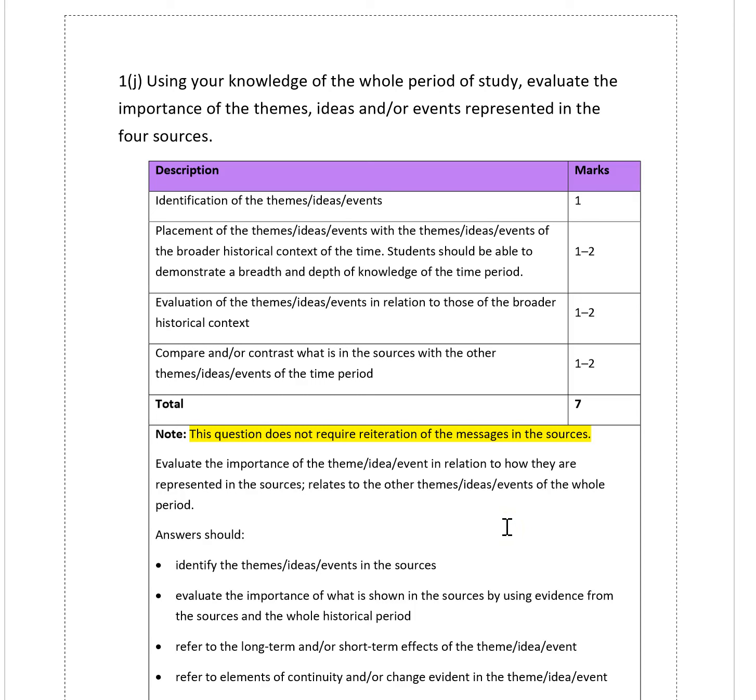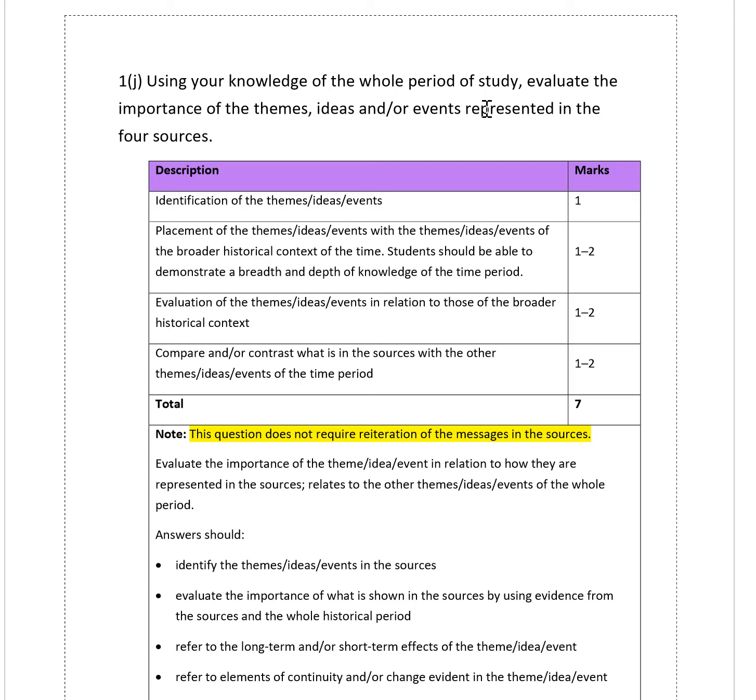What the question is asking you to do, your action word here, is evaluate the importance of the themes, ideas, and/or events represented in the 4 sources. So that's the first thing you've got to identify. You can absolutely use some examples from the source if you think it will work, but you've actually got to evaluate, which means you've got to rank it. How important are they in the scheme of what's happening across the whole time period?